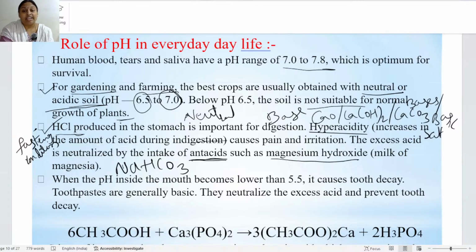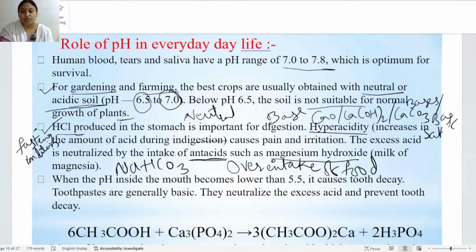Okay, and another condition, apart from the fasting condition I just mentioned, is over intake of food. If the food is your favorite, you tend to eat more in quantity.